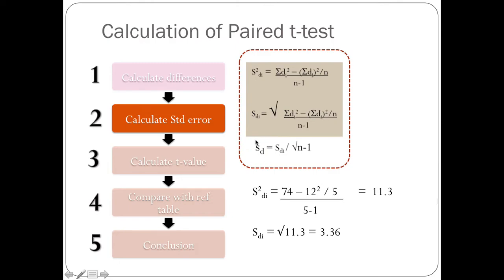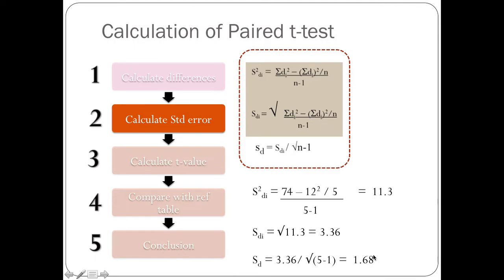So your standard deviation of differences is 3.36, divided by the square root of n, where n is 5. So 3.36 divided by square root of 4, the answer is 1.68. So your standard error over here is 1.68.